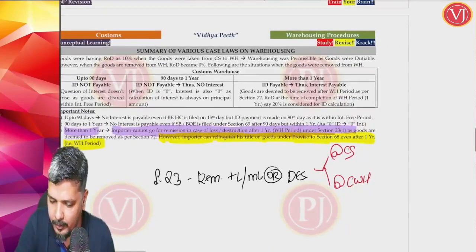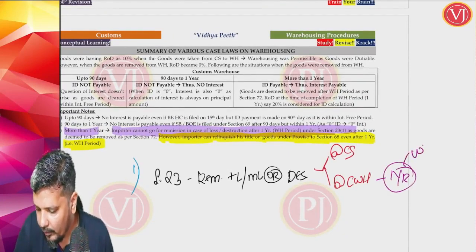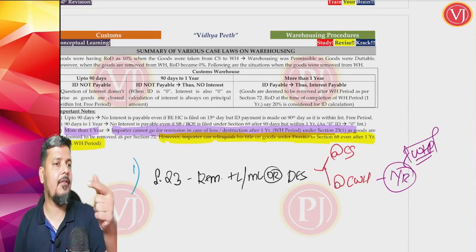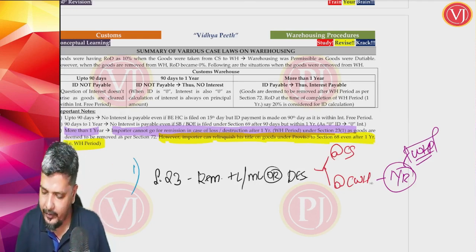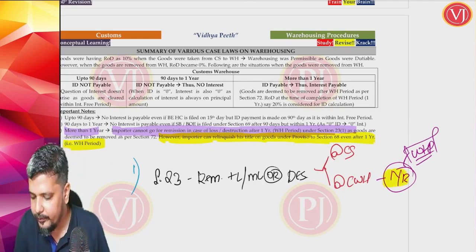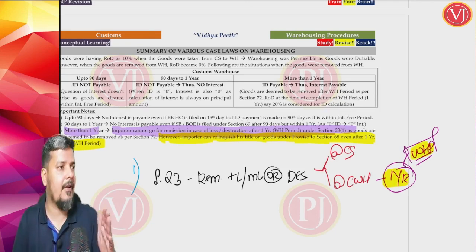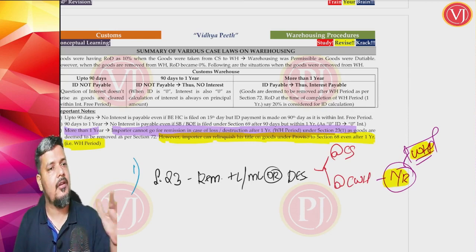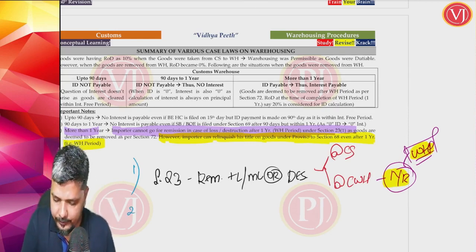Now one important point to note, it is available in customs warehouse only till warehousing period. If you're coming after warehousing period, forget about remission. So now what is an extra point? It is there at warehouse but only till warehousing period. If you're coming after 1 year warehousing period, no remission.